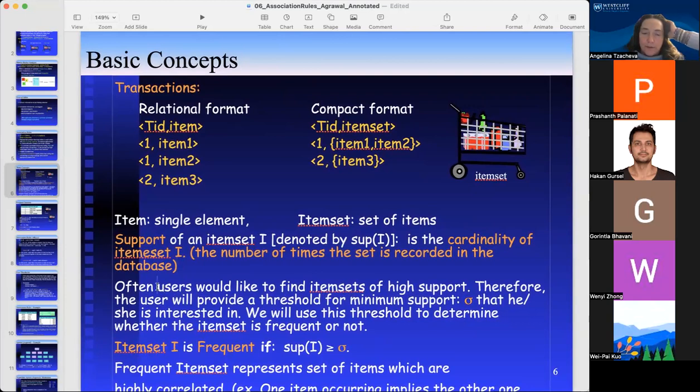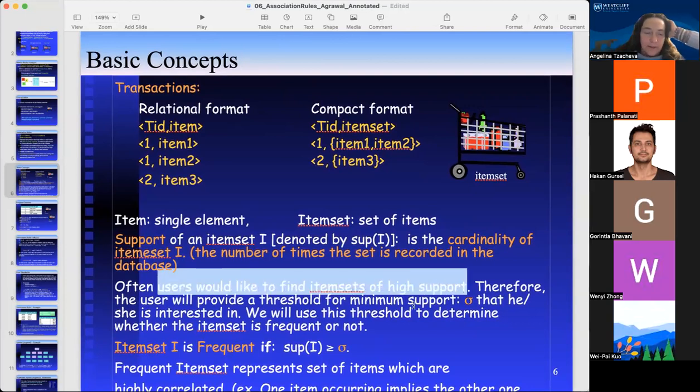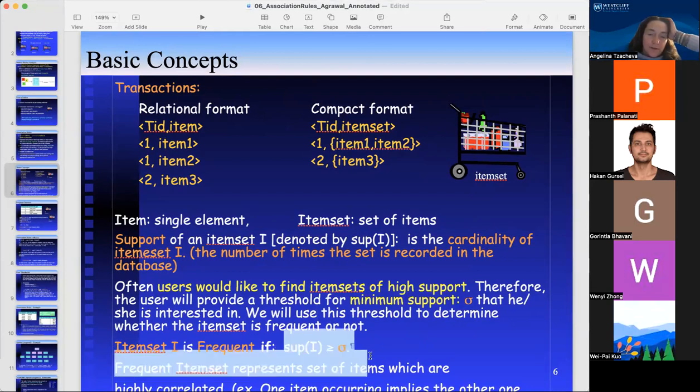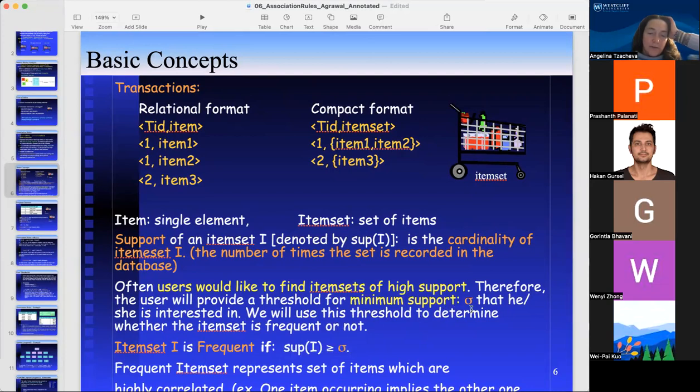So oftentimes the users would like to find item sets of high support because those are considered frequent. So we would set up some threshold, like we said earlier, so that we know what is considered frequent. So the item set is frequent if its support is bigger than our threshold.